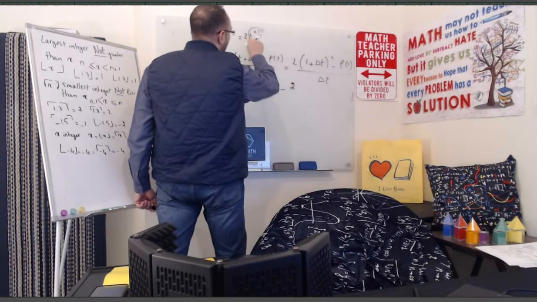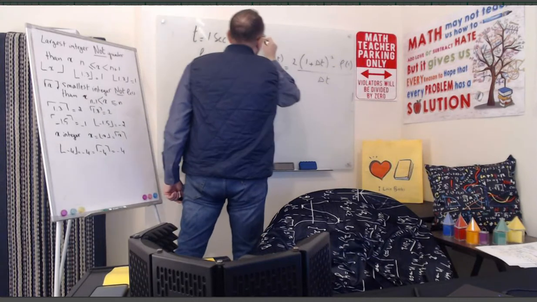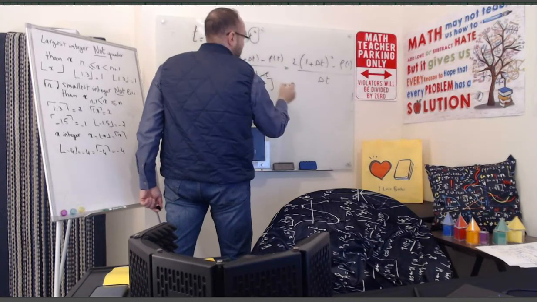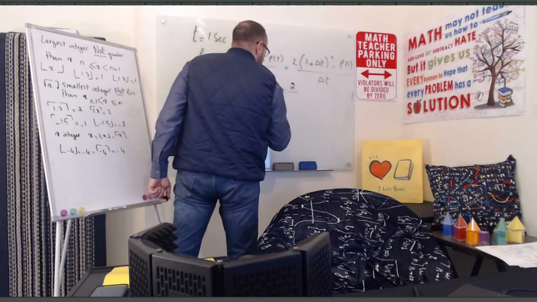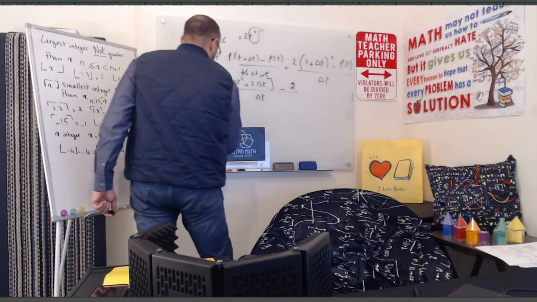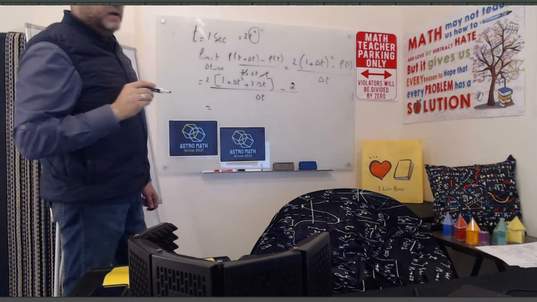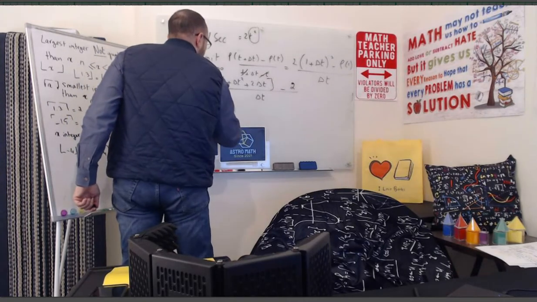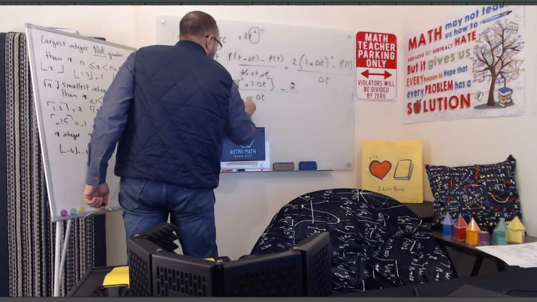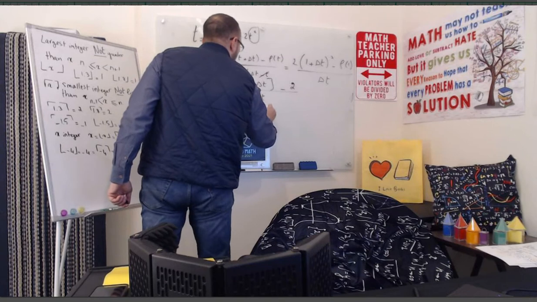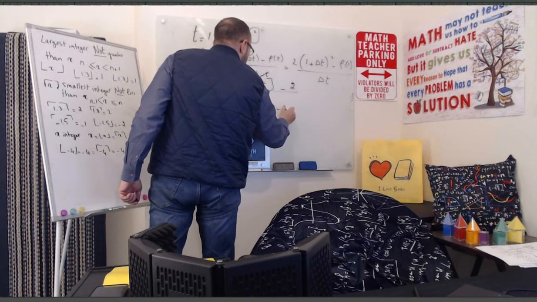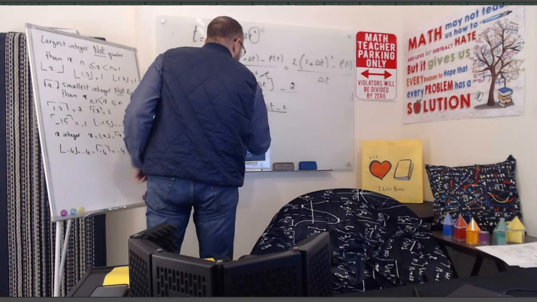If you put 1 here, what do you get? f of 1. You get 2 times 1 squared, that's 2, so minus 2, divided by delta t. What do I get now? I get 2 delta t squared plus 4 delta t minus 2 plus 2, the whole thing divided by delta t.